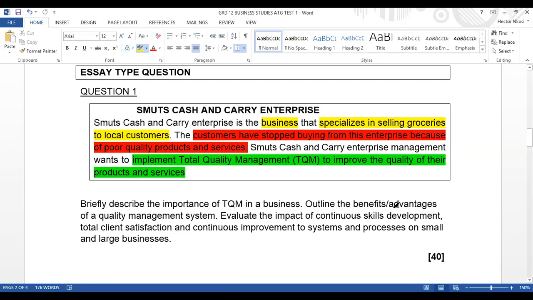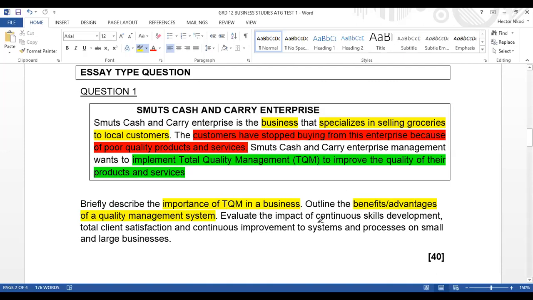Outline the benefits or advantages of quality management system. So you want the importance of TQM in a business, you must outline the benefits or advantages of quality management system. You must evaluate the impact on continuous skills development to total client satisfaction and continuous improvement to systems and processes on small and large businesses.